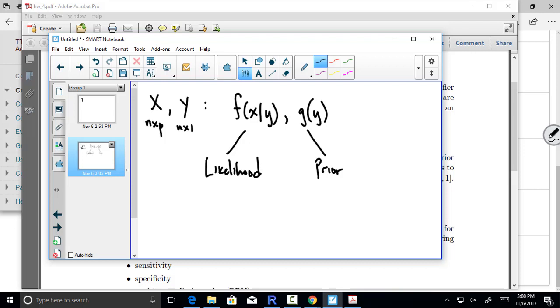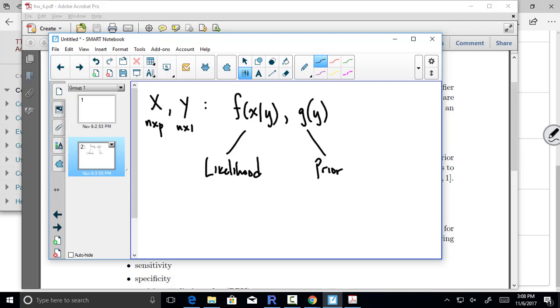So likelihood is a probability statement, like a joint probability is basically what it is, of observing your data considered as a function of the unknown parameter. If we're predicting class variable, then our parameter is y.